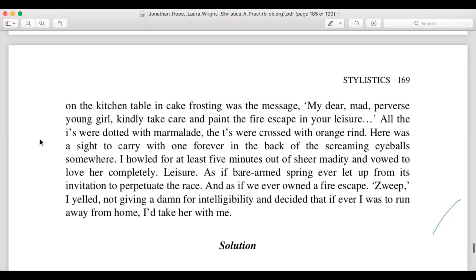I howled for at least 5 minutes out of sheer madness and vowed to love her completely, leisurely, as if bare-armed spring ever let up from its invitation to perpetuate the race. And as we were on the fire-escape, I yelled, not giving a damn for intelligibility, and decided that if ever I was to run away from home, I would take her with me.